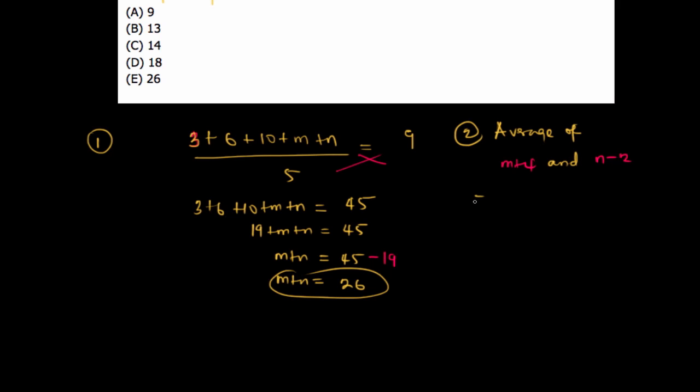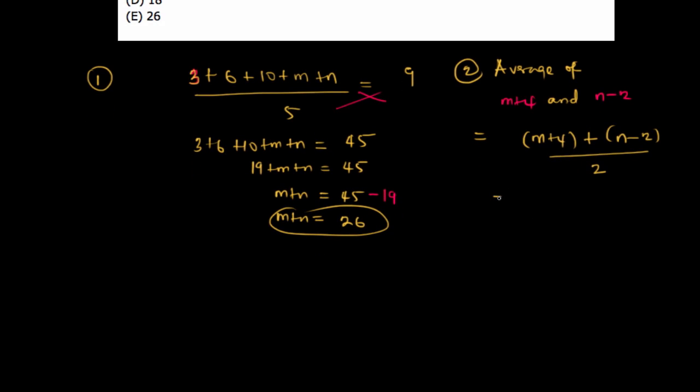So the average is equal to m plus 4 plus n minus 2, all divided by 2.